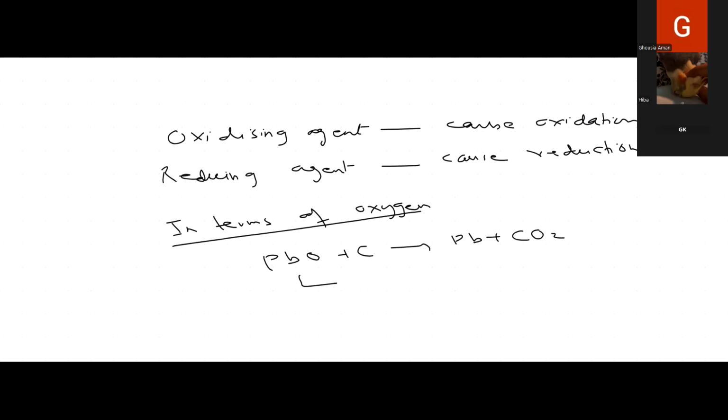So you can see that in the course of the chemical reaction, lead oxide is reduced to lead. Removal of oxygen is taking place. Who is being reduced? Lead oxide is reduced. So reduction is taking place over here. Why is reduction taking place? Because carbon is here to snatch the oxygen and form carbon dioxide.